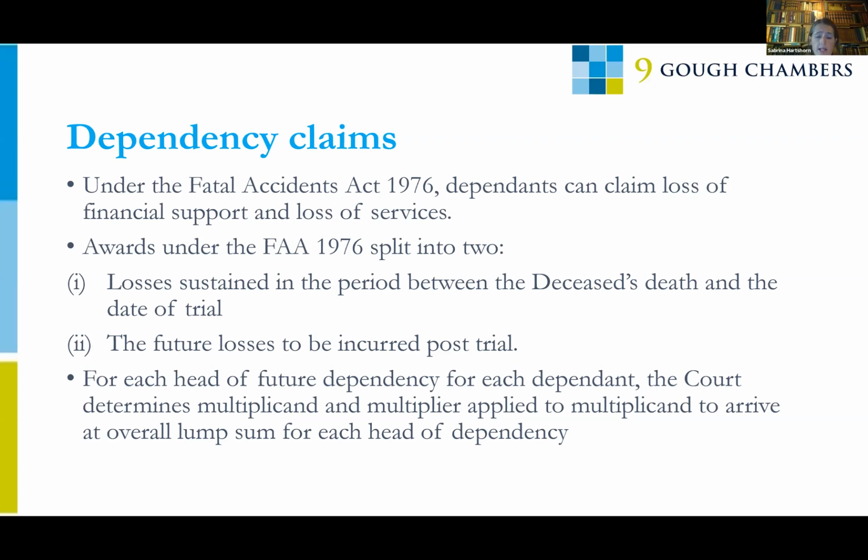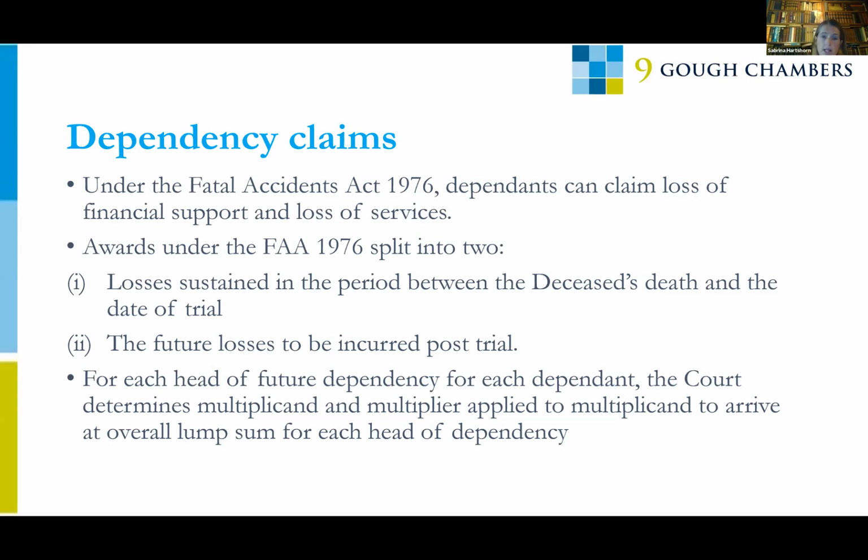And as long as one satisfies the definition of dependent within that act, then he, she, or indeed they can claim a proportion of the deceased's income or pension that the deceased would have spent on them. And services such as childcare, household tasks and DIY that the deceased would have done and from which the dependants would have benefited can also be claimed. So the dependency claim is split into 2.